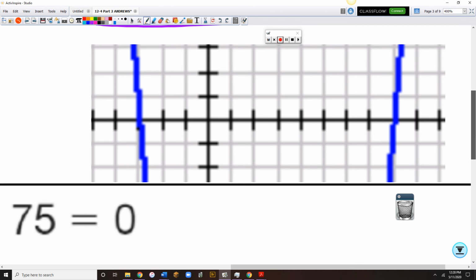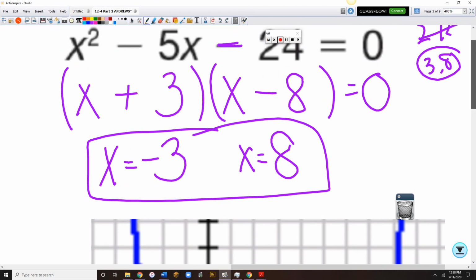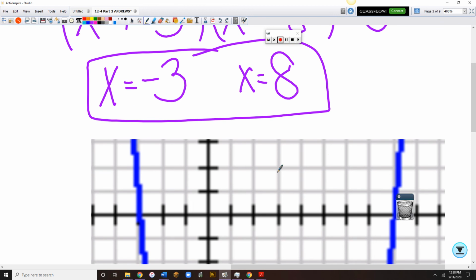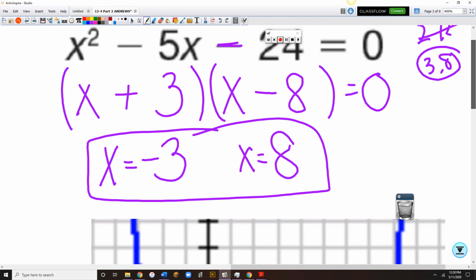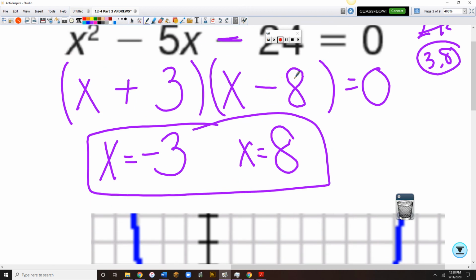The solutions will be the numbers that are the same signs, and the factors will have opposite signs. So like this crosses at negative 3. Negative 3 is the solution, plus 3 is in the factor. Positive 8 is a solution, minus 8 is in the factor.